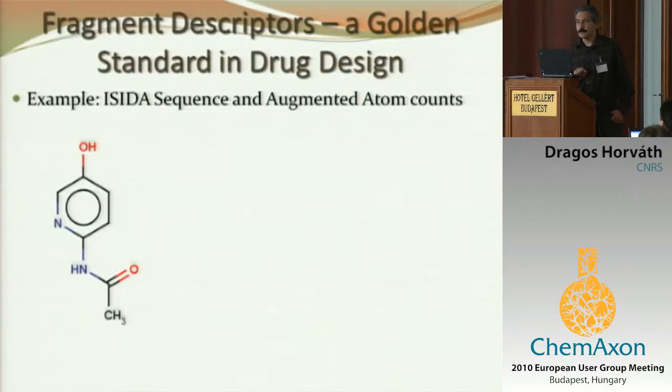Well, because everybody knows fragment descriptors. They're really a golden standard, and they come under various shapes and forms, starting from fingerprints and hashed fingerprints to actual fragment counts, such as the ISIDA sequence descriptors, where the idea is fairly simple.